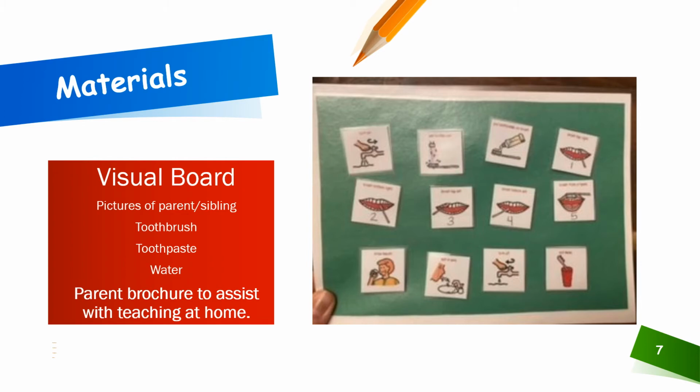I think this is age appropriate because the child is able to view the pictures and it's not all just verbal repetition and teaching. They're able to actually see what's going on, especially for the four areas of the teeth that we're teaching to clean. I numbered them so they know the order to go in.